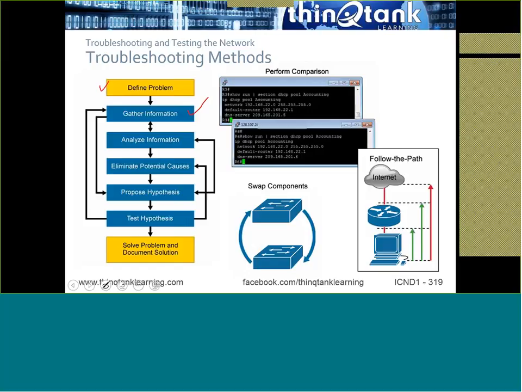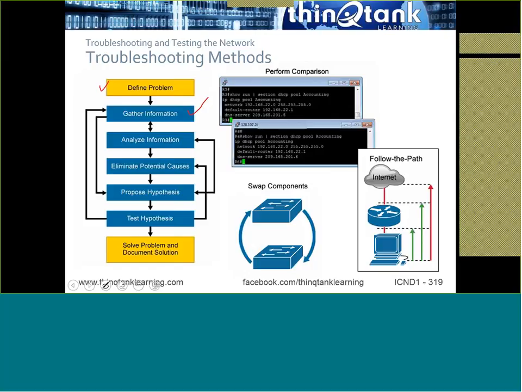Now, from the perspective of troubleshooting, gathering information, especially from the networking standpoint, might include: is it a physical layer problem? Is it a data link layer problem? Is it an application problem? And so on.